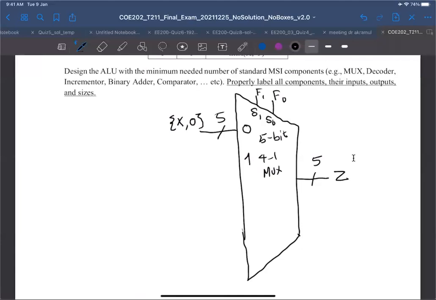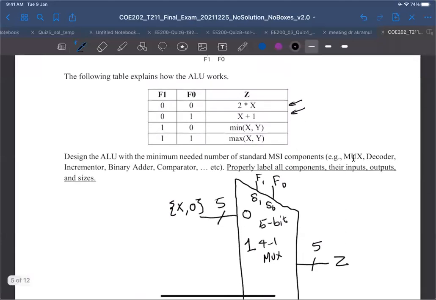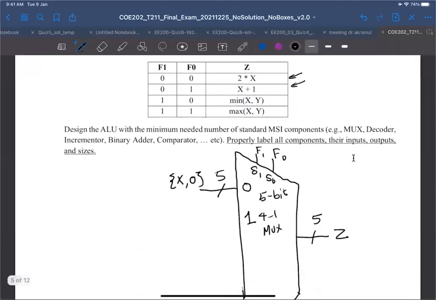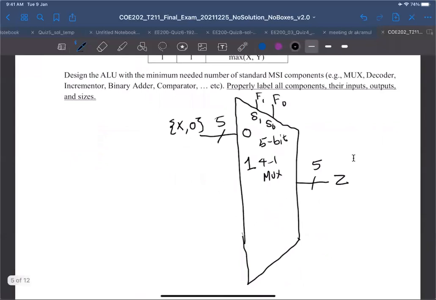And for input number 1, we have x plus 1, so we have an adder. Actually, we are allowed to use what we call an incrementer, so I'm going to use an incrementer.